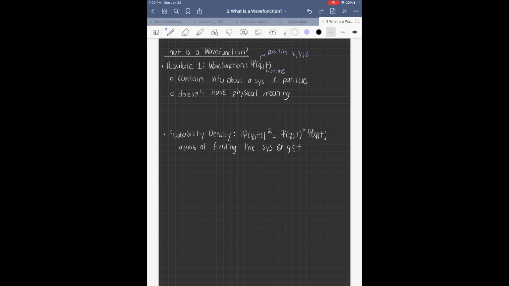Also, you could integrate the probability density to get a specific area between two coordinates. Let's say the position is between 0 and 1, you can get the probability within that area. If you integrate over all space, it equals 1.